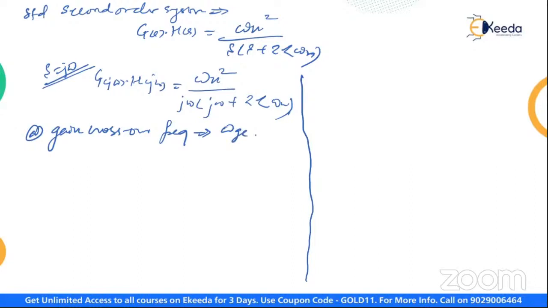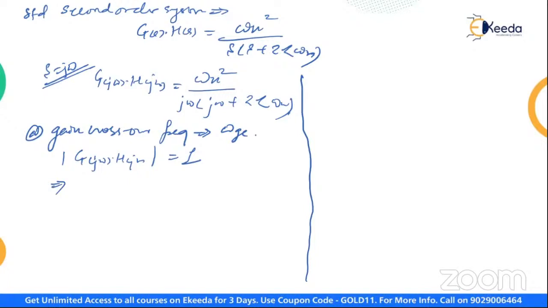Correct? Yes. Now, what happens at omega GC? Mod of G of j omega H of j omega is nothing but equal to 1 at omega GC. So let us equate that and find the mod.